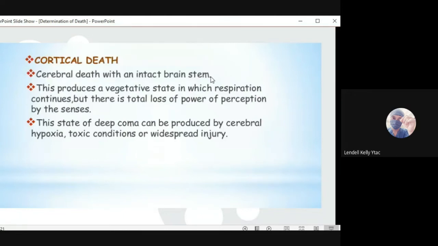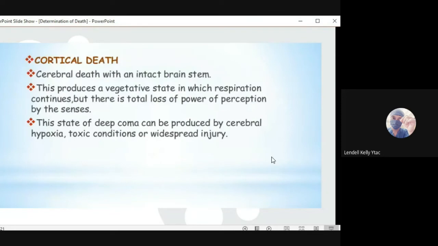The consciousness is lost. Maybe you call those the innate or primitive reflexes, like your blink reflex; your digestion and respiration would still be there. But you could not be awakened. You can no longer speak because it is gone. You have cortical death. This state of deep coma can be produced by cerebral hypoxia, toxic conditions, or widespread injury.